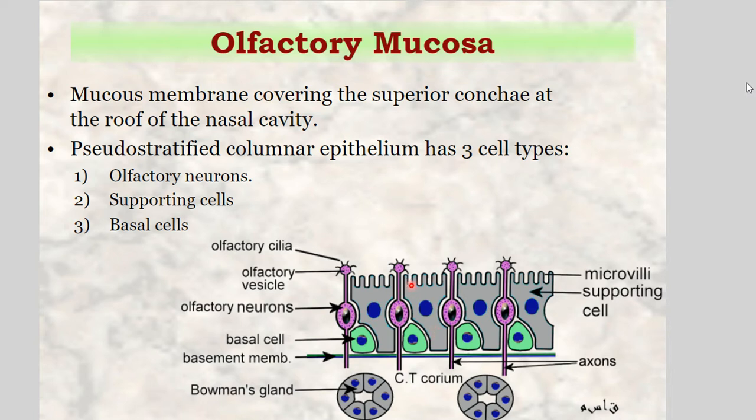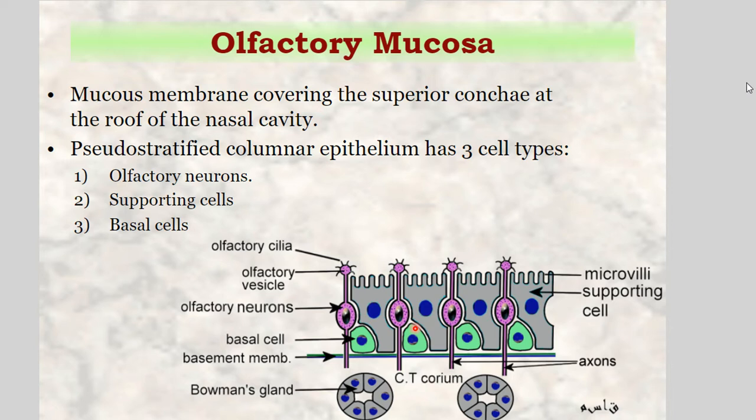They have numerous microvilli on their free surface with oval nuclei, and their most important function is that they provide nourishment, physical support, and electrical insulation to the olfactory cells. Then the third type of cells, the basal cells, are small conical or spherical cells that form a single layer in the basal part of the epithelium.